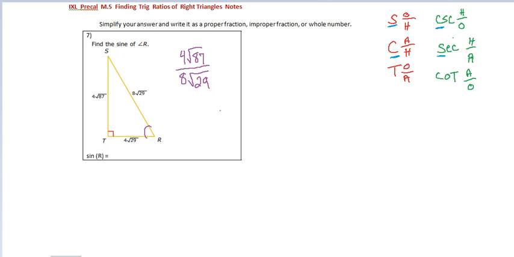What you need to pay attention to is whether you can reduce this. Remember, numbers go with numbers and radicals go with radicals. So the 4 and 8 can reduce, so this becomes 1/2.